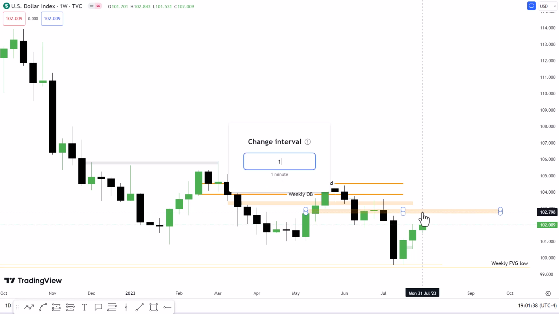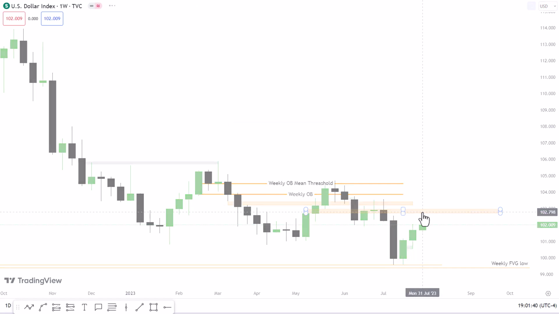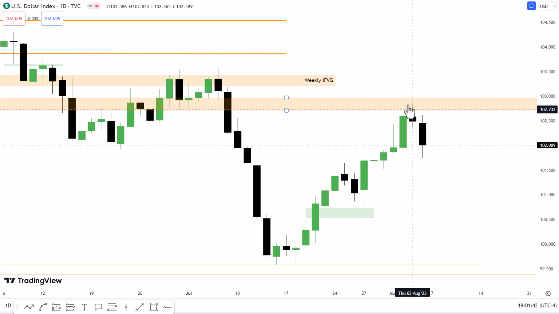Now on the daily, here's the inversion fair value gap. I want you to always mark out your charts. I will teach you how to do that maybe later on when making analysis, so that you know what time frame you are on when you drop down to lower time frames. So this is our weekly inversion fair value gap, still here.